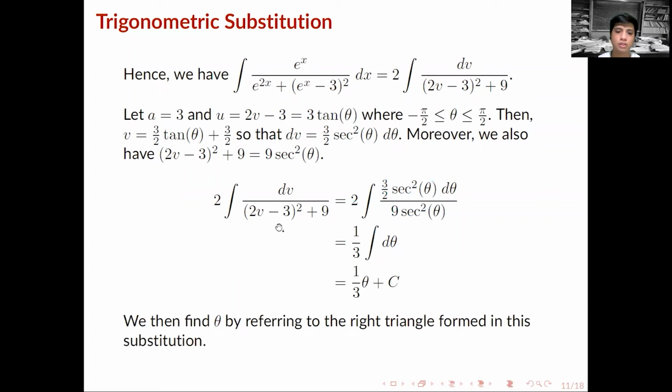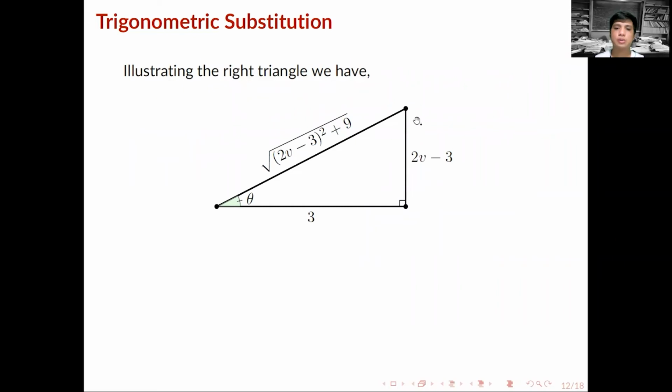However, our original integral is written in terms of v. So we have to convert theta back to variable v. And we do that by referring to the right triangle. So here's our reference triangle. And from this, we can see that tangent of theta is 2v minus 3 over 3.